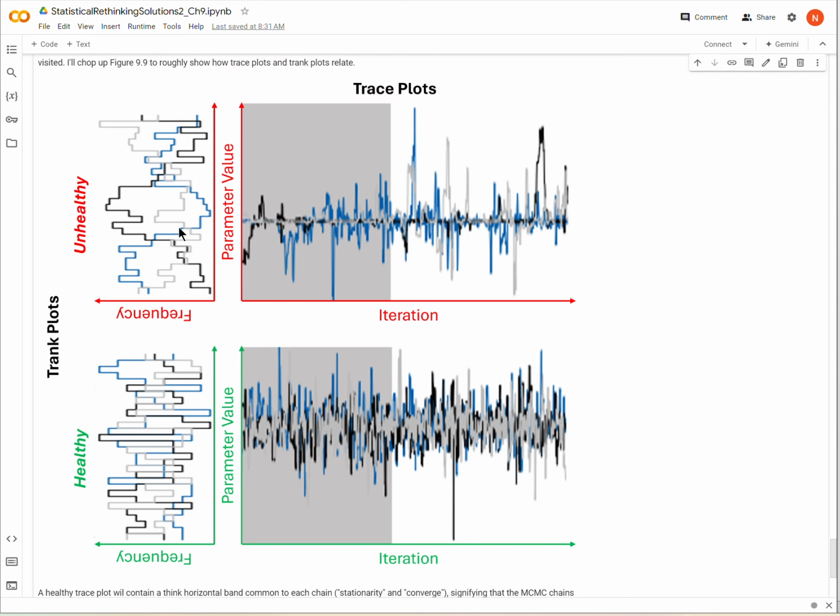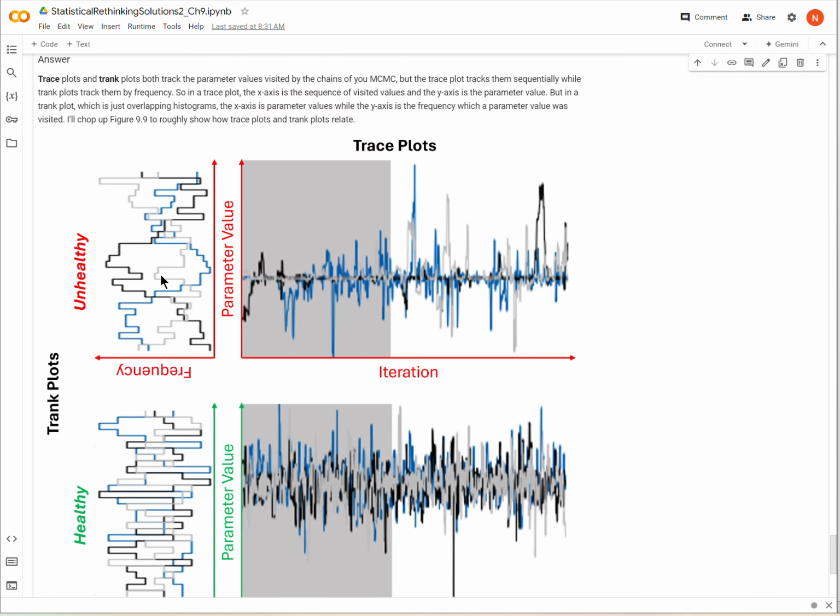Now, if you look at the corresponding unhealthy Trank plot, you notice that the histograms look very, very different. Again, this is indicative of them visiting different parameter space. If we look at this blue one, in this area of parameter space, kind of low values, it's frequently visiting that area, whereas the gray and the black chains are not visiting that area very frequently.